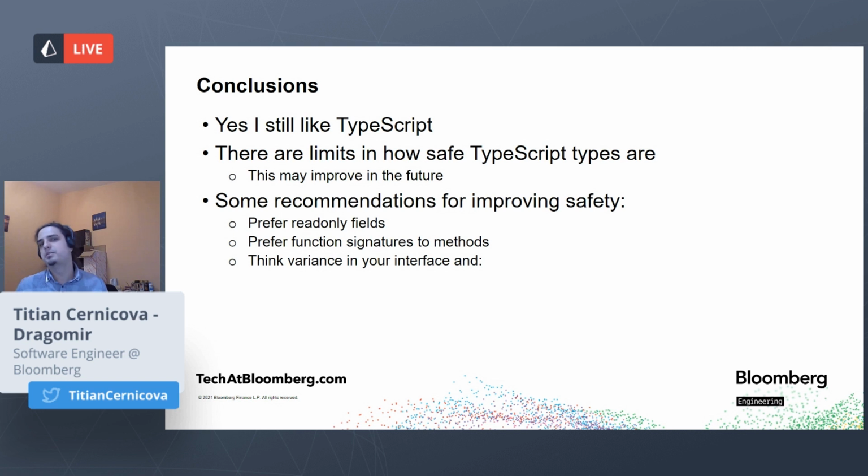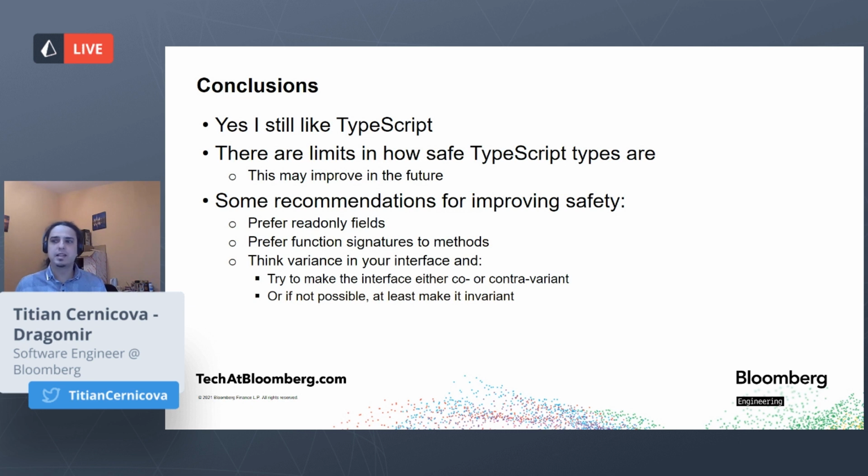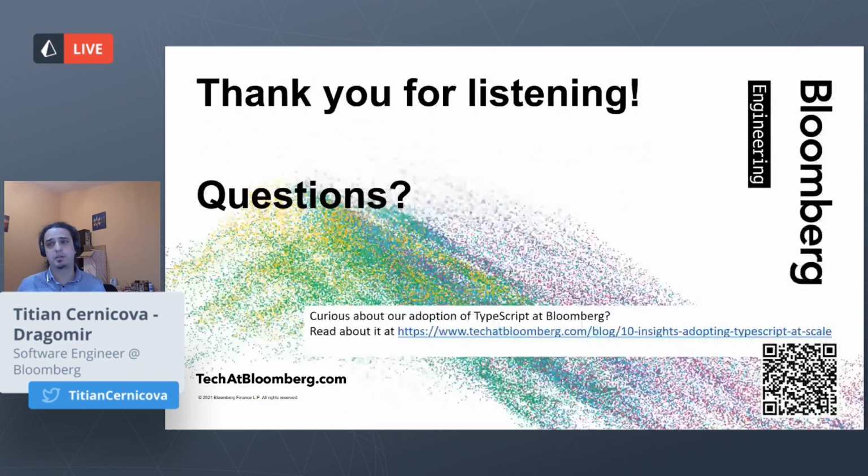And think about variance when you build interfaces. Try to make them either co or contravariant. And if that's not possible, at least make them invariant. If they can't relate, that is still safe, although it might be a pain for your users. Also, avoid making bivariant interfaces, because since assignability can go in either direction, usually that is a recipe for runtime errors.